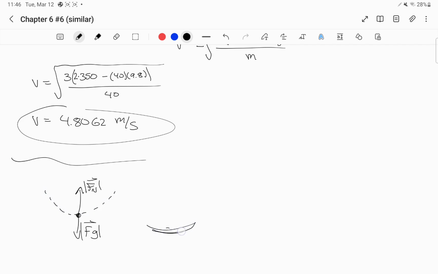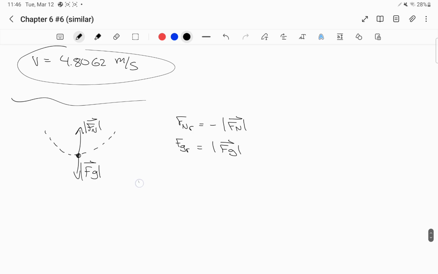Remember, the child is swinging, and the motion of the swing is creating a half circle. So that is how we can apply that to the centripetal acceleration. So our F n component is going to be negative F of n. And again, our gravitational force is going to be positive F of g.